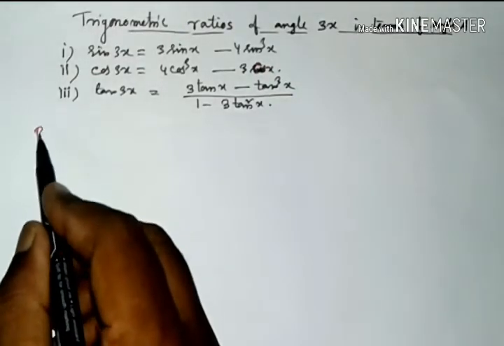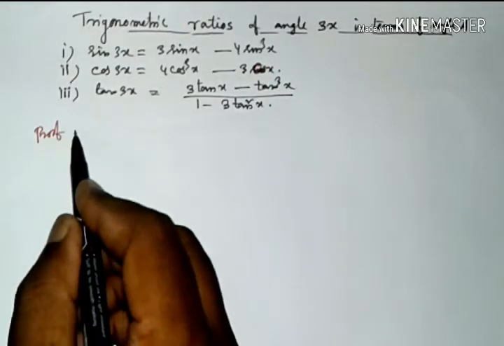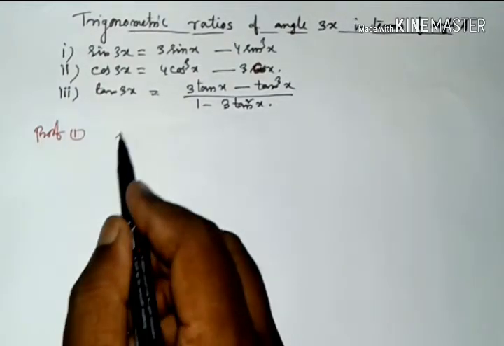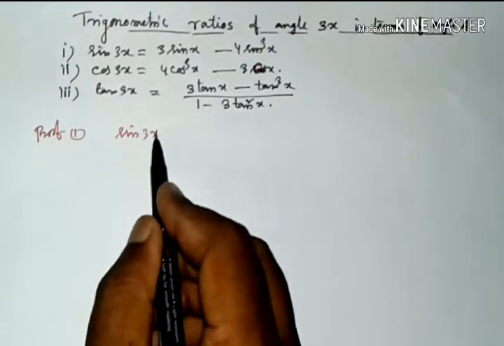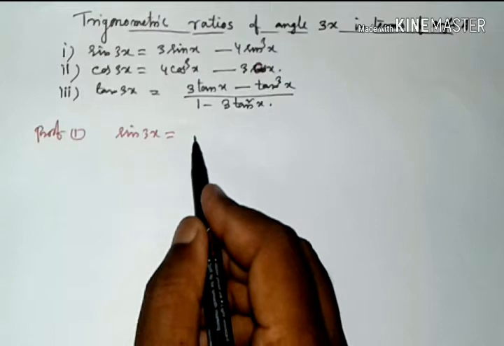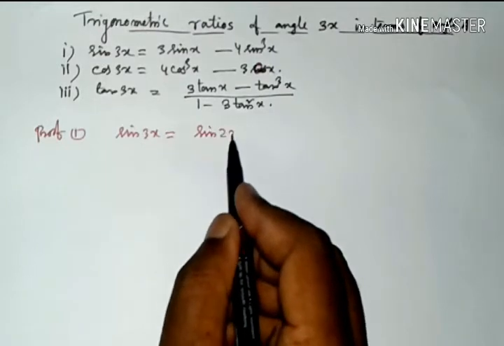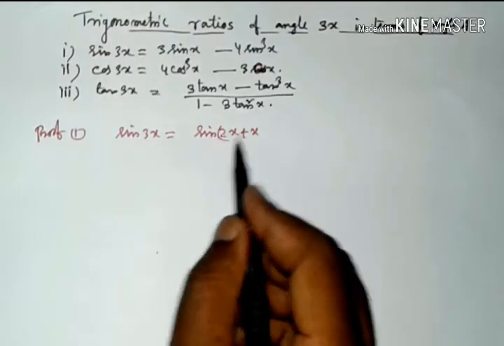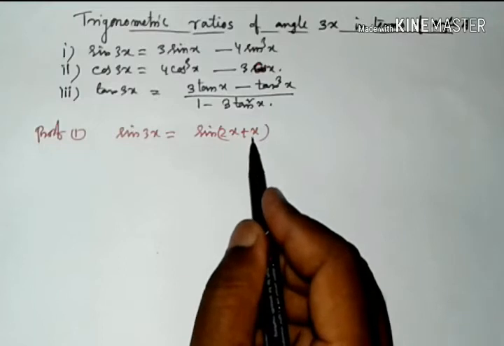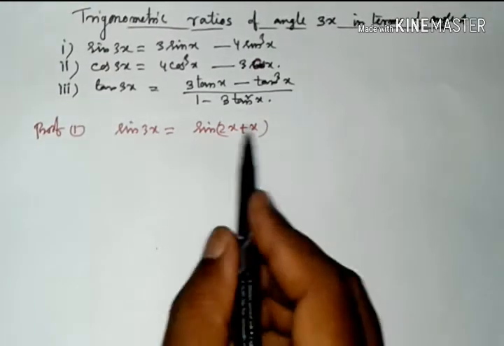Now the proof. Sin 3x, we can write it as sin of 2x plus x.